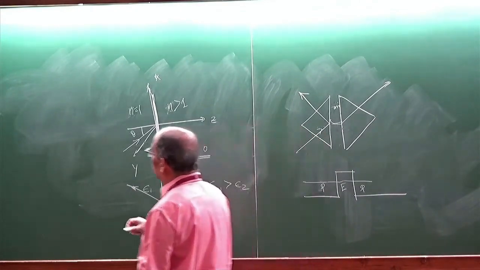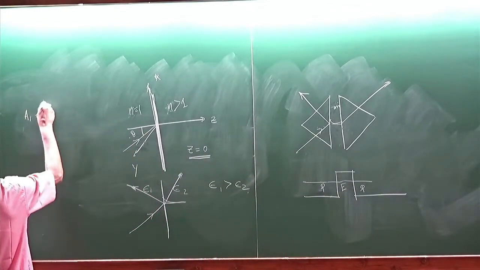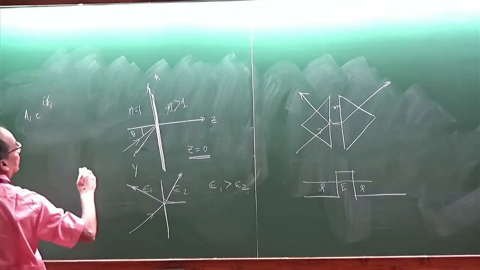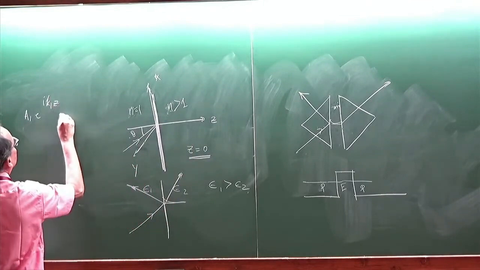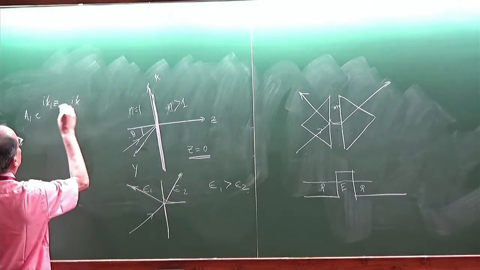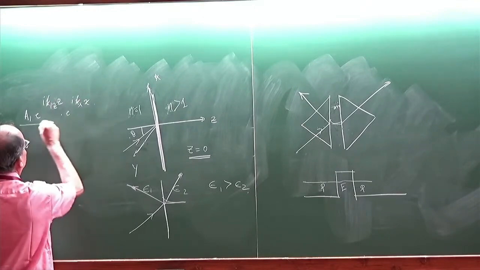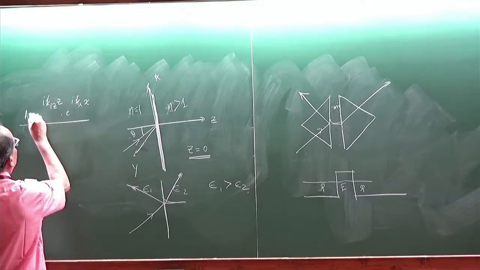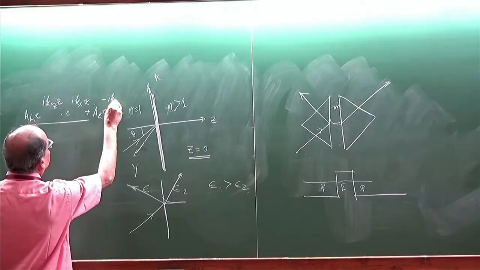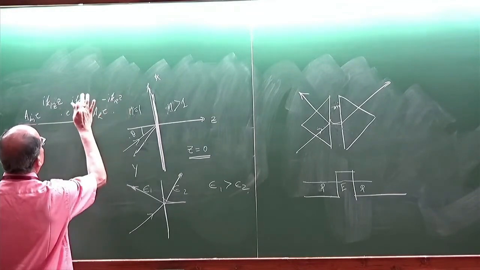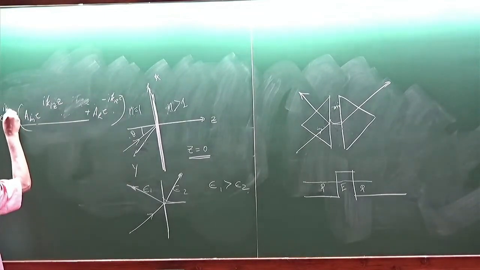For medium 1, you write some amplitude A1 times e to the power i(K1z z) and e to the power i Kx x. That is the incident wave, plus A reflected times e to the power minus i K1z z and e to the power i Kx x.